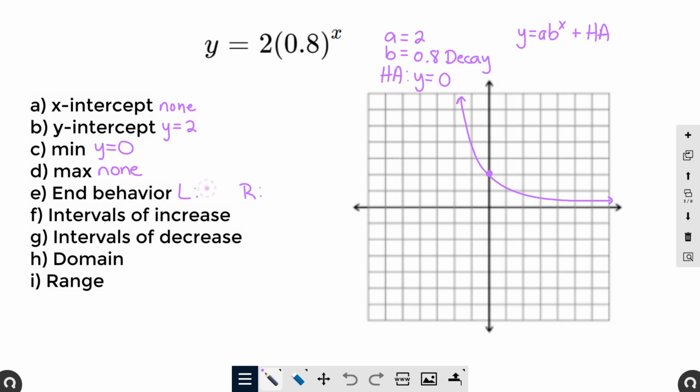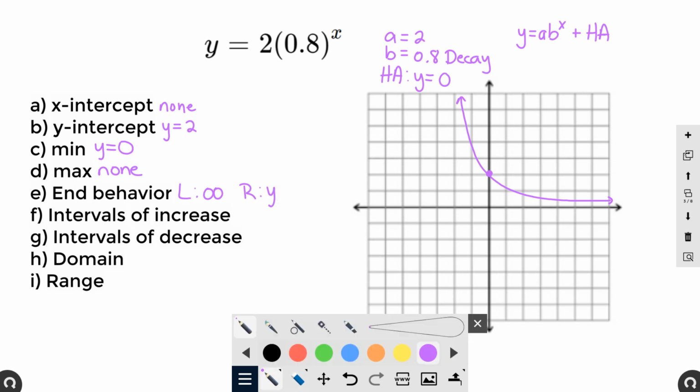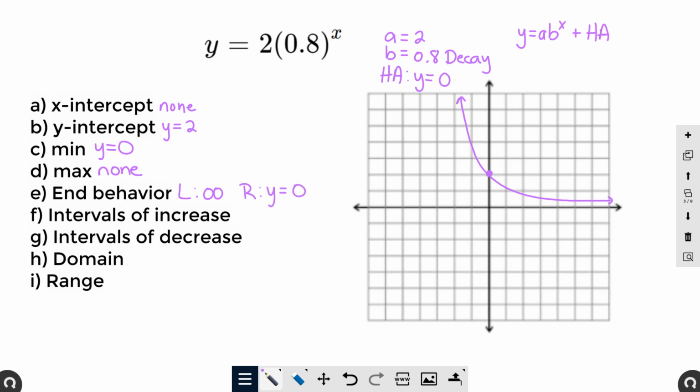Up to infinity and beyond, like Buzz Lightyear. But the right side levels off. What does it level off to be? 0. Y equals 0. So your graphs will typically level off at your HA.